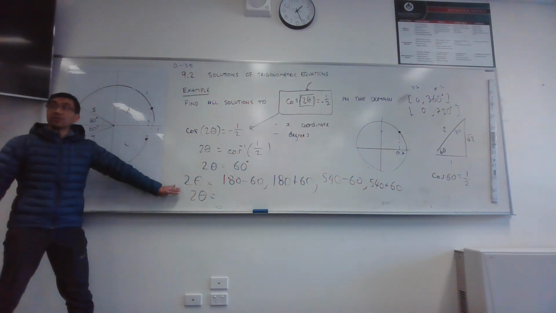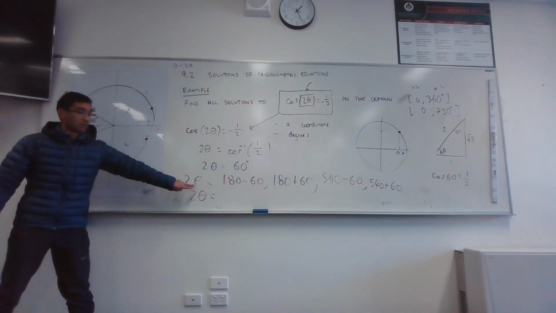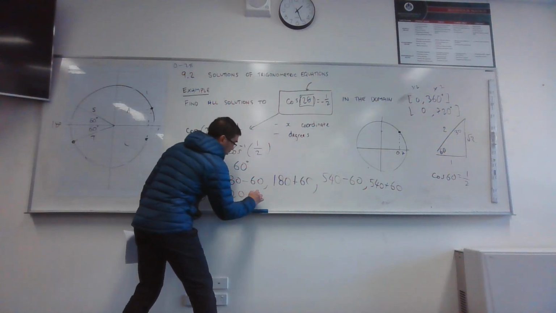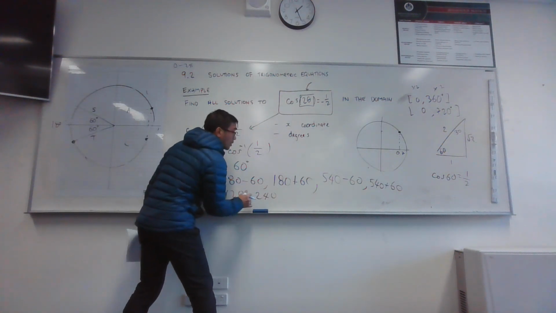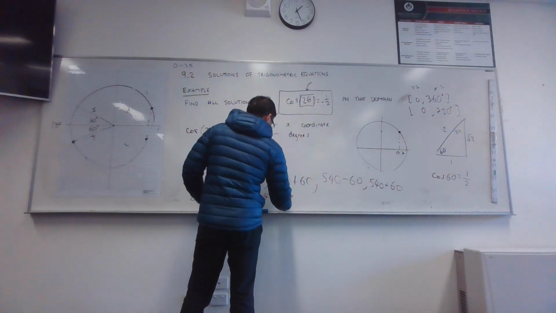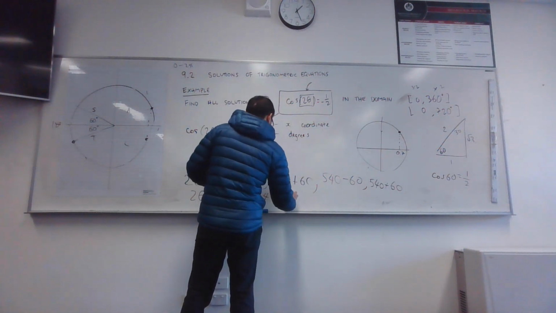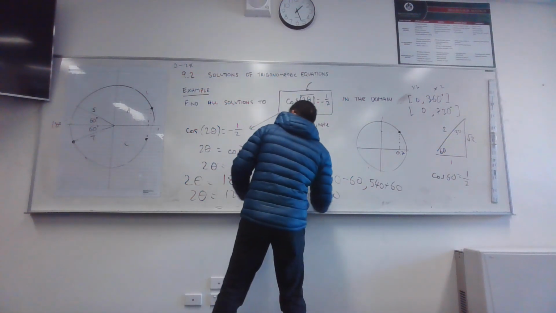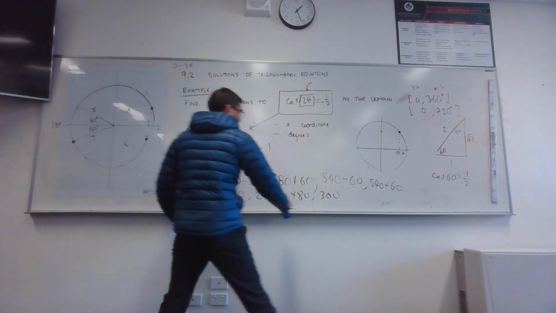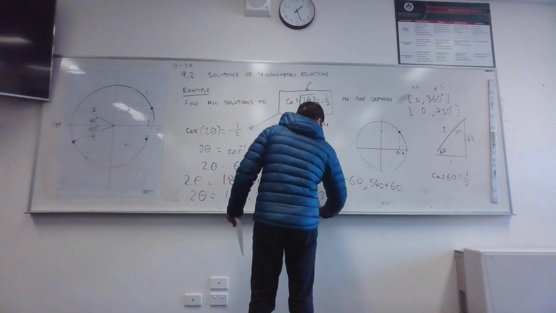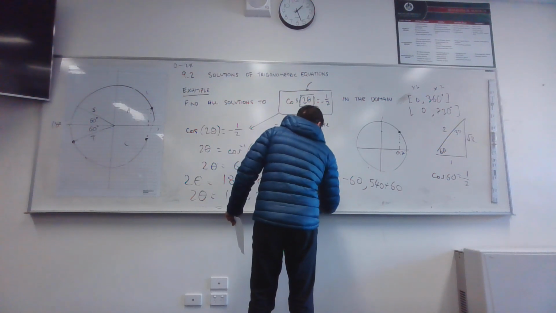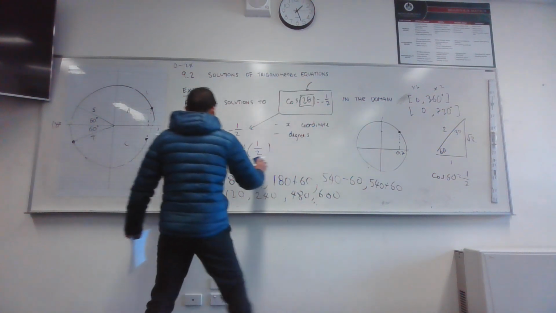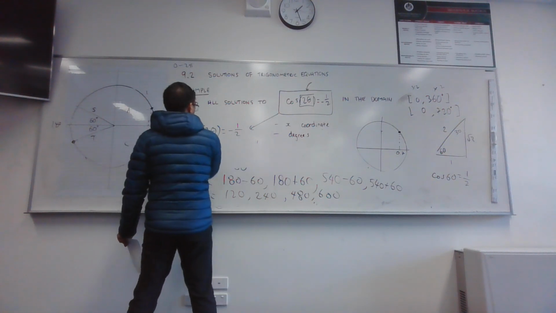We're still dealing with 2 sets of theta. Let's clean this up. 120, 240. What's that? 480 and 300. 600. My bad. Now, the last step.